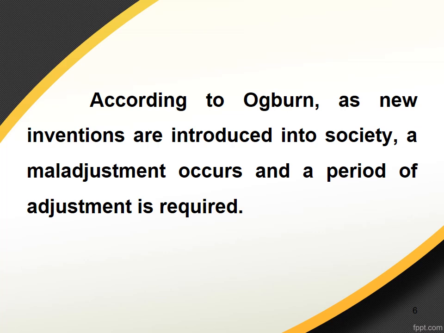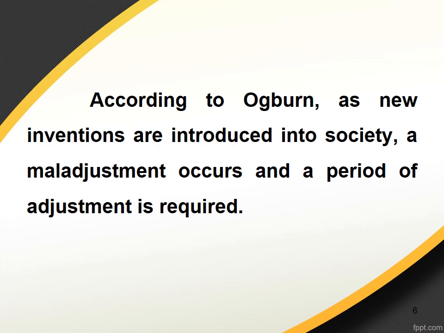When we are talking about cultural lag, culture is a learning process, right? Cultural lag is talking about the maladjustment. If we are learning something, sometimes we may not be able to learn the particular thing. That particular period we call a cultural lag, or we are unable to learn some process.